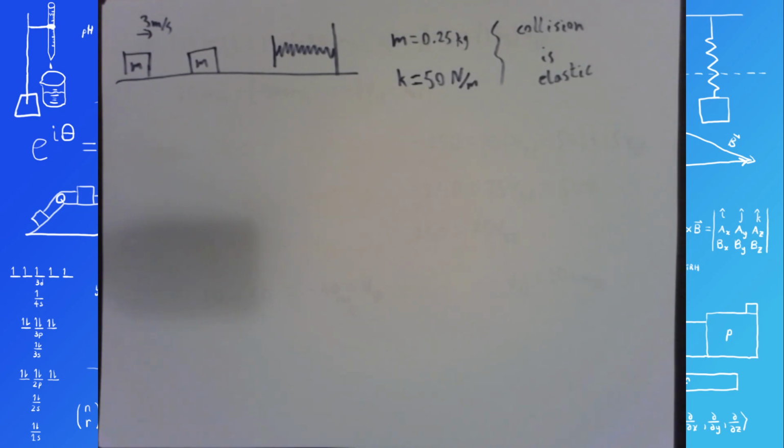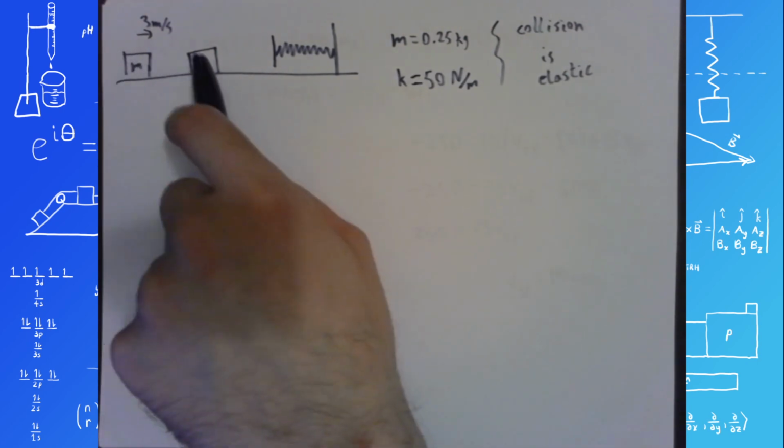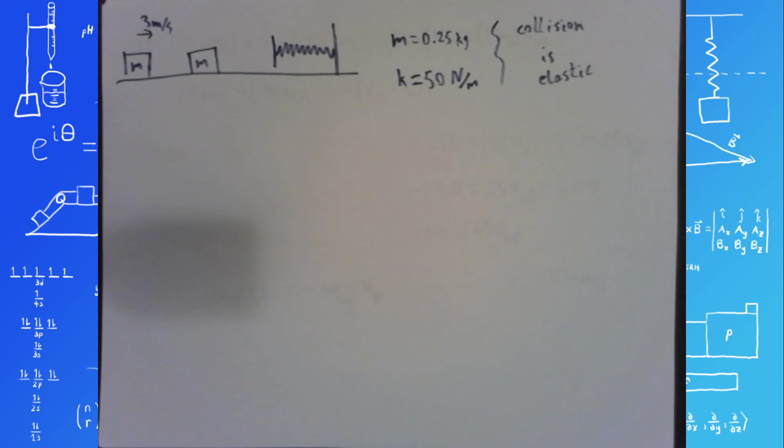Oh, wait, actually, yes, we do have to do the collision step, because if some of the kinetic energy remains with that first block, then not all of it is going to get converted into potential energy. Okay, I was getting ahead of myself.